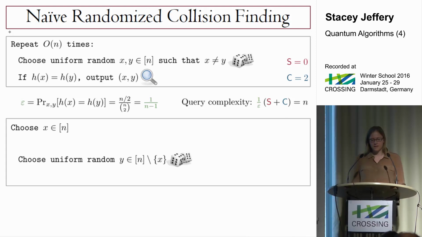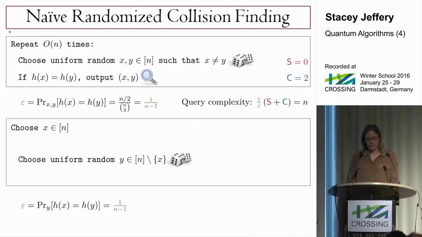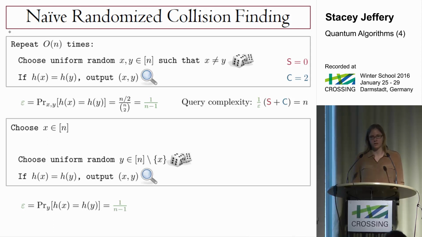But before we do better than this, let's look at another stupid algorithm, because, why not? In the second algorithm, we're going to fix some x in n. Now we're going to sample a uniform random y, and then x and y are a collision with probability also 1 over n minus 1. Then we can check if x and y are a collision, and if so, we output x, y. We, of course, have to repeat this n times.